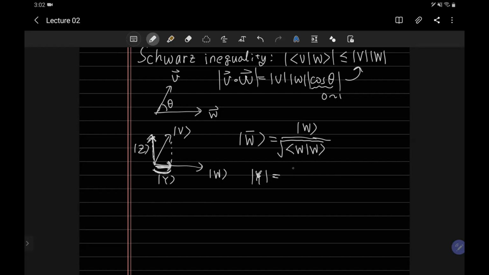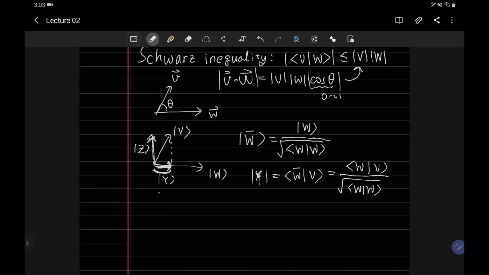So it is w hat multiplied by v, and this becomes the square root of w w, and because now it is the bra of this ket, it will be w bra and then v.